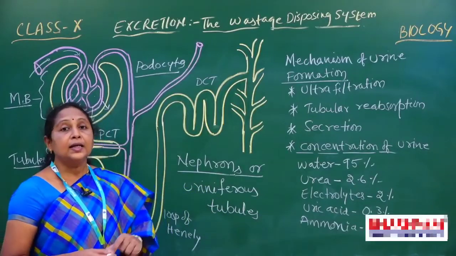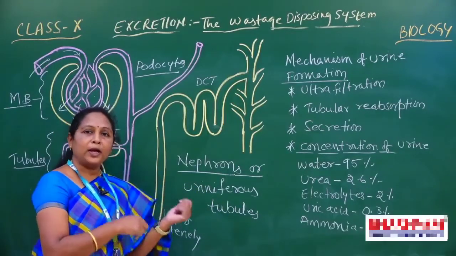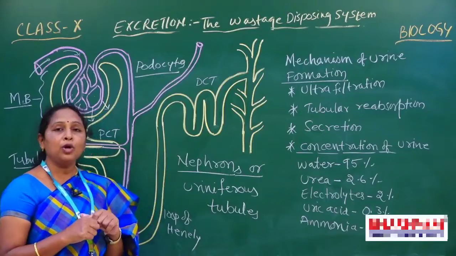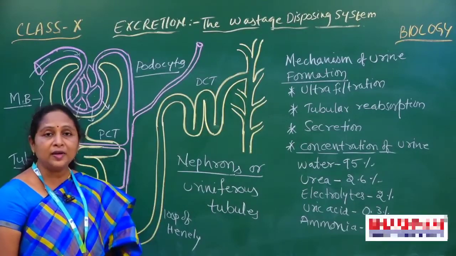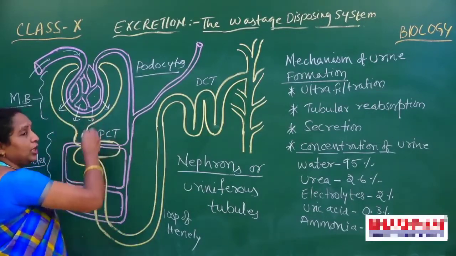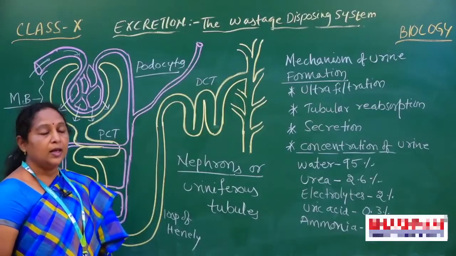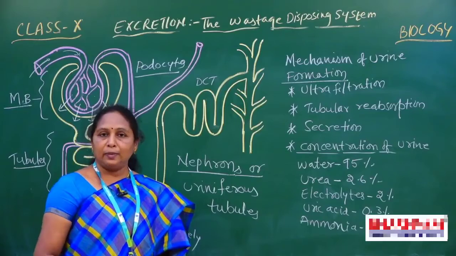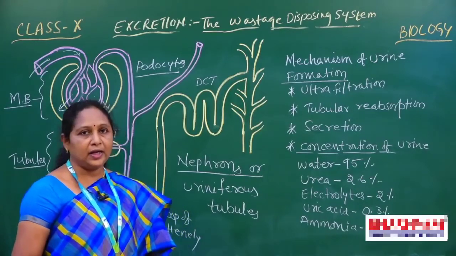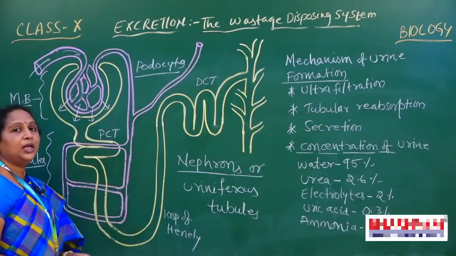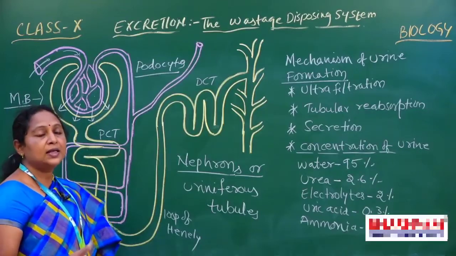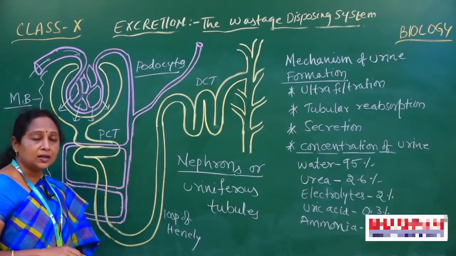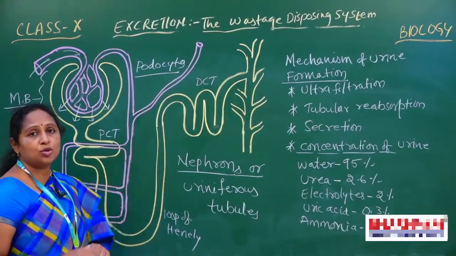Here the chemical composition of blood and primary urine is the same, but there is one difference. In primary urine there are no blood cells. In blood there are a number of types of cells, we know: red blood cells, white blood cells and platelets. But in primary urine, except for blood cells, the remaining chemical composition is the same as blood.